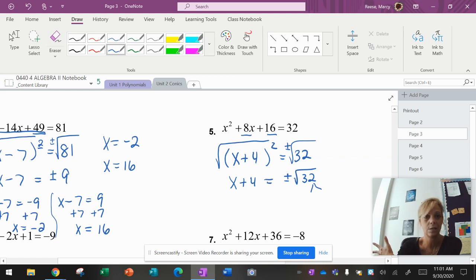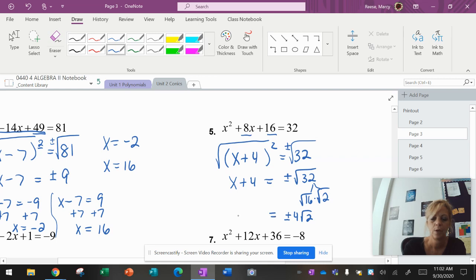So 16 times 2 makes 32, and 16 is a perfect square. So I put them in their own little radical worlds because I can separate them like that, and it still means they would be multiplied, right? So radical 16 and radical 2 equal radical 32. And I square root 16, so the square root of 16 is 4.